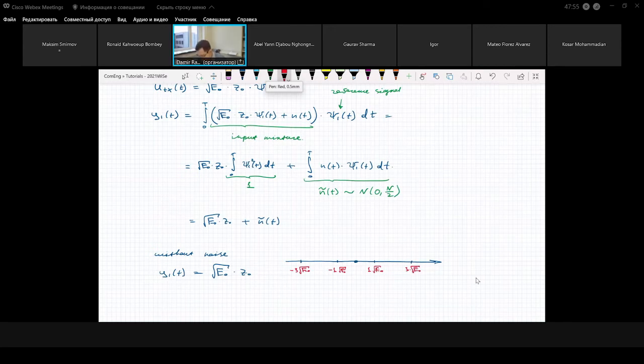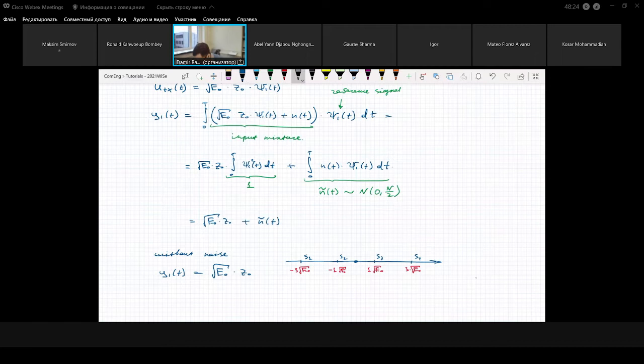Now we need to make a decision about where to place thresholds. In our course, we use a very simple strategy. We just place thresholds in the middle between adjacent symbols. So we have symbol 1, symbol 2, symbol 3, and symbol 4.